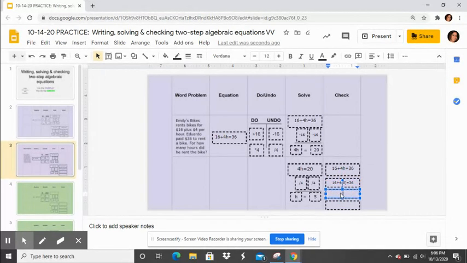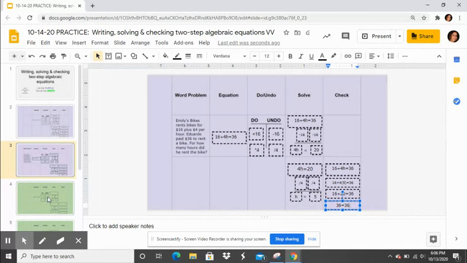Okay, now order of operations says I need to do 4 times 5 first. So actually I'm going to have 16 plus 4 times 5 is 20. And then when I work out 16 plus 20, that gives me 36. And 36 does equal 36, so that is correct.